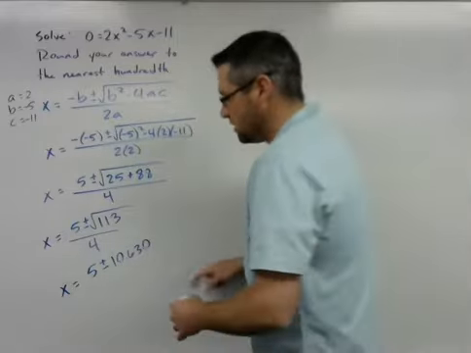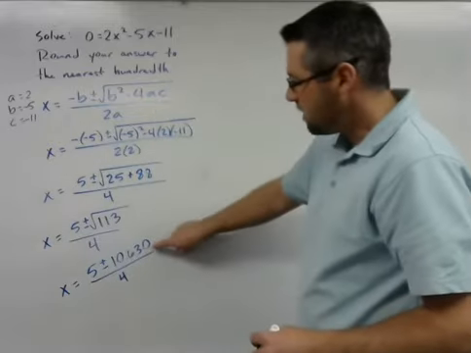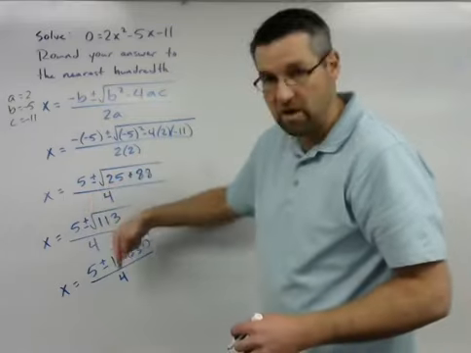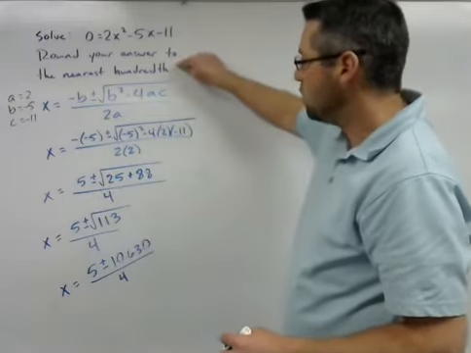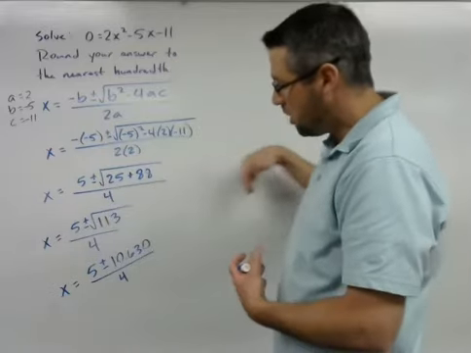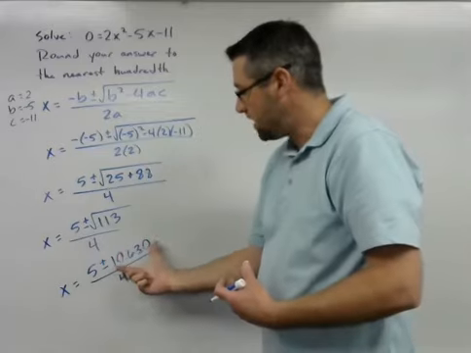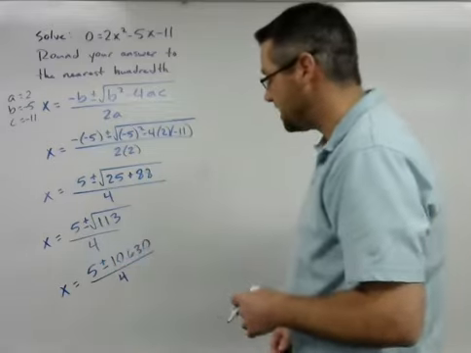I went to a thousandth here. And the reason I went to the thousandth is because if I go to the hundredth, and then I keep working with that, then my final answer might be off of the actual rounded answer. So I want to go further. And in fact, I should probably go a lot further when I'm writing this out. I shouldn't round in an intermediate step. I should only round at the end.